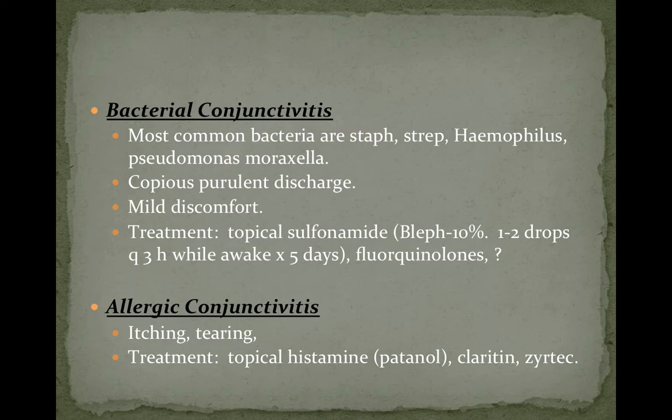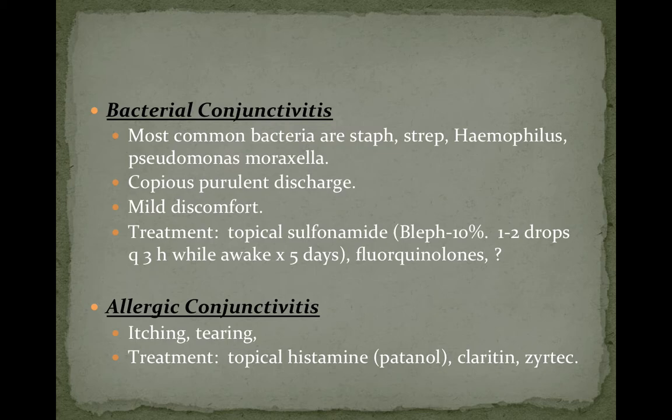The only contraindication for this medication, however, is somebody who has an allergy to sulfa. Fluoroquinolones are easier to take sometimes because you don't have to use them as often, but typically they are expensive, and they certainly don't work as well as the Blephamide.